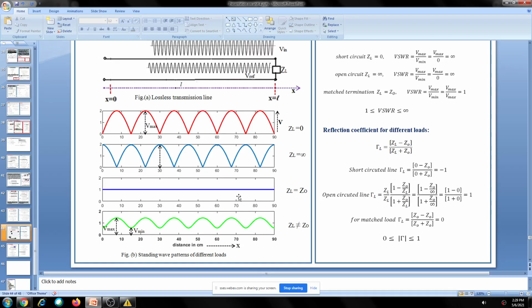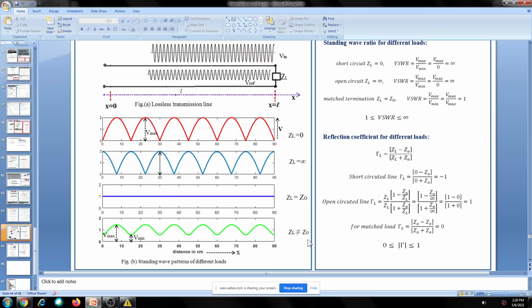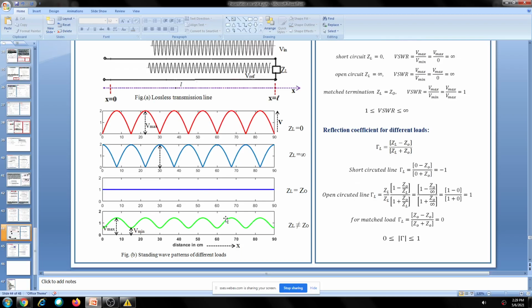Okay, so this standing wave pattern we cannot observe, only a straight line, because there is a traveling wave. Next, if you put ZL not equal to Z0, some value other than all these three, not 0, not infinity, some value, then the pattern will be like this. Starting from the load, if you move like this, a maximum is there. You can measure the maximum, from here to here, and the minimum has some value here.